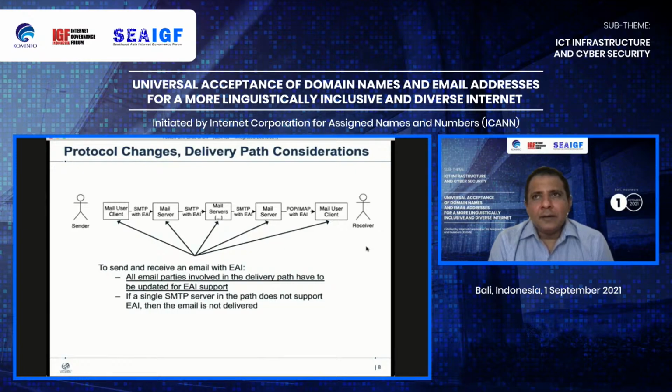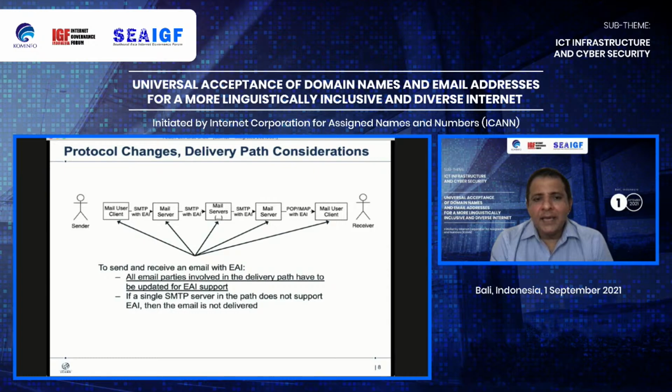Now, one thing you also need to be aware of is that there can be many servers along the path. For example, if I send an email to you, you could be in a certain network and I am in a certain network. In between us, there can be some other mail servers.